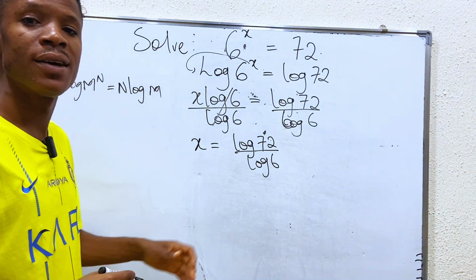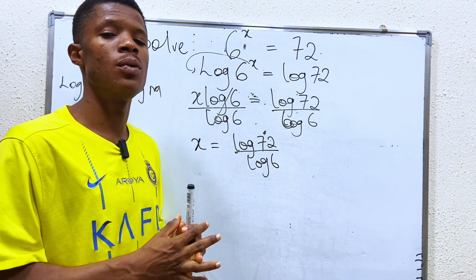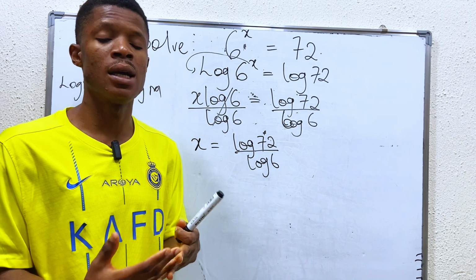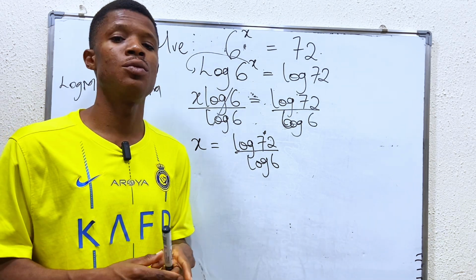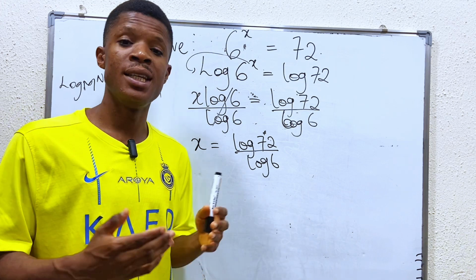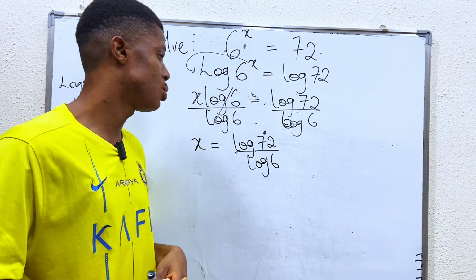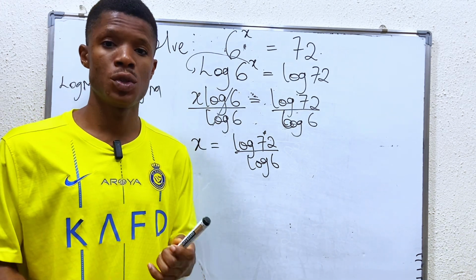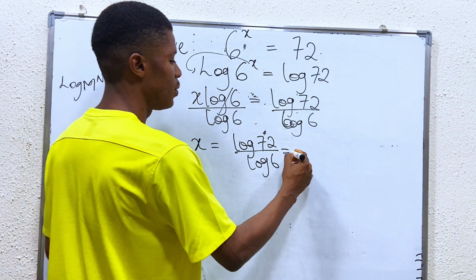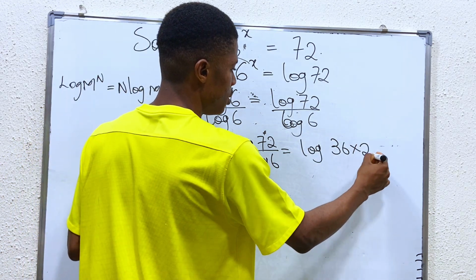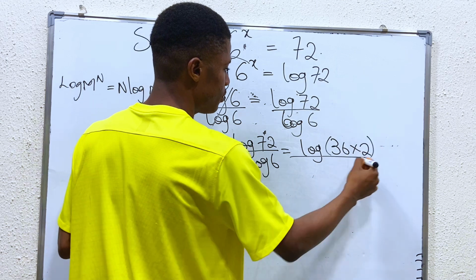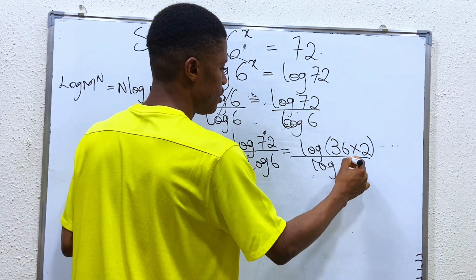In that note, we can rewrite 72 to be what? In that note, we can rewrite 72 to be 36 times 2. Okay? And this will now give us log of 36 times 2 divided by log 6.